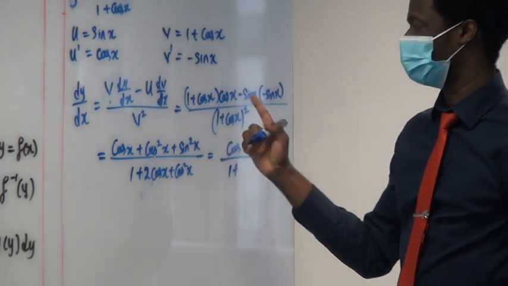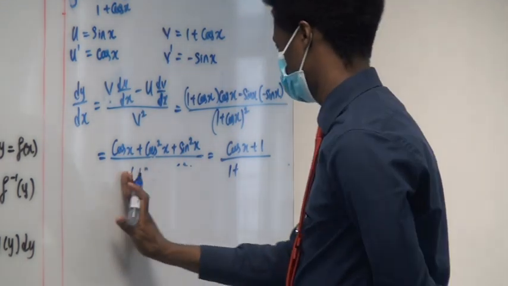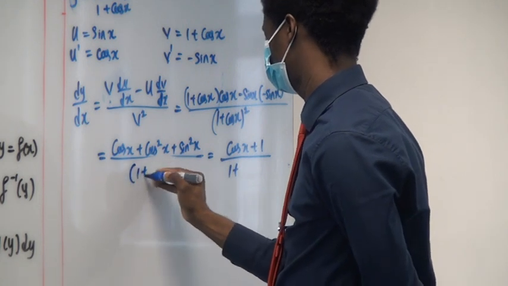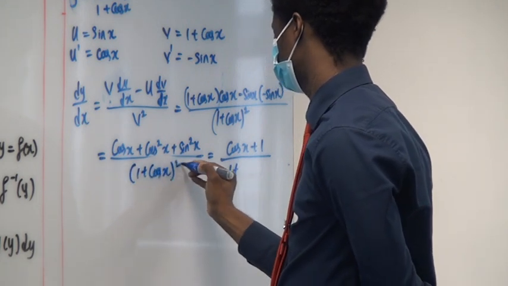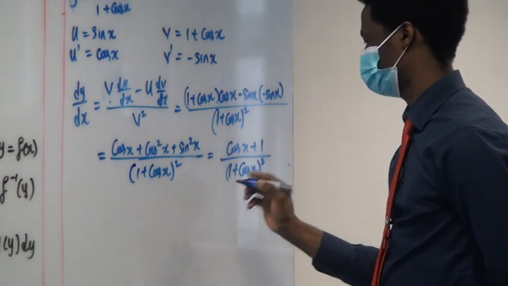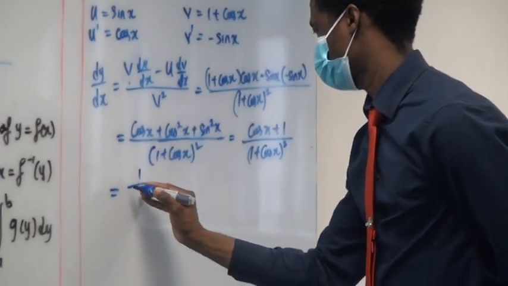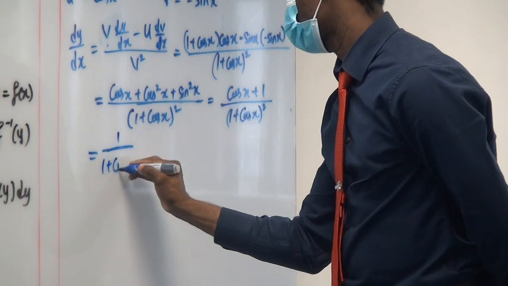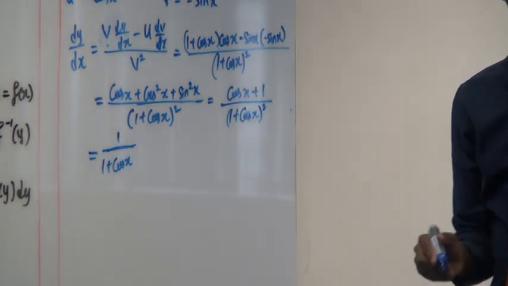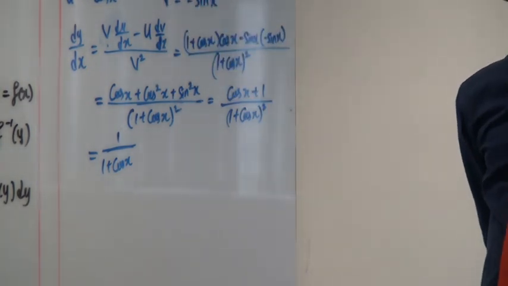Didn't I tell you over and over not to expand the denominator? Seriously, I'm disappointed that we had to waste time because some people don't know what to do with differentiating this function.